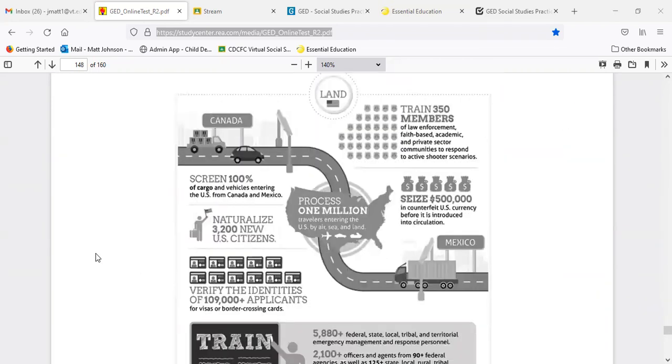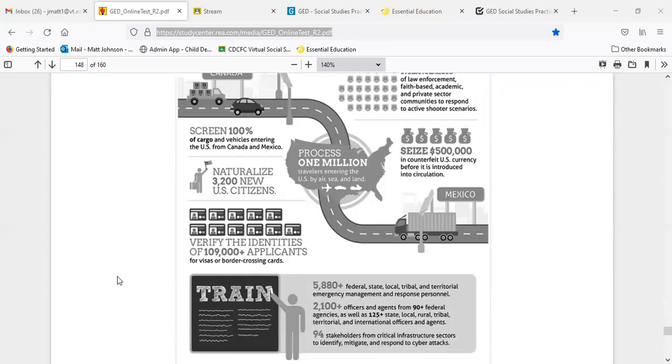Oh, there's the land. Okay, so a little more information. Screen 100% of cargo and vehicles entering the U.S. from Canada and Mexico. Naturalize 3,200 new U.S. citizens. Remember, we talked about the federal government. That's their responsibility. And so that is partially DHS's responsibility. Verify the identities of 109,000 applicants for visas or border crossing cards.